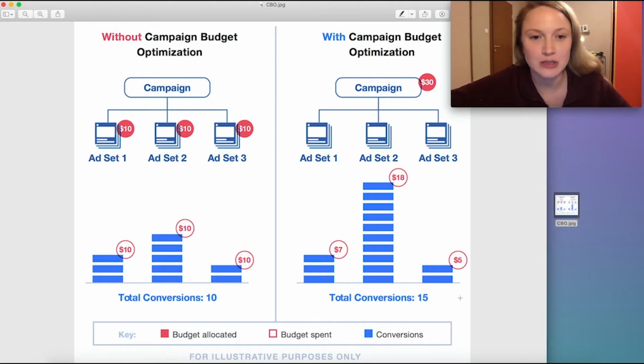Using CBO, they were able to see, hey, we can still get those conversions and we can get them for a lower price because they're not trying to meet that $10 budget amount. And they were able to do it much smarter because they were able to pull more money into the ad set where they were able to get more results. So that is CBO, my friends, campaign budget optimization. When it works well, that's how it works.